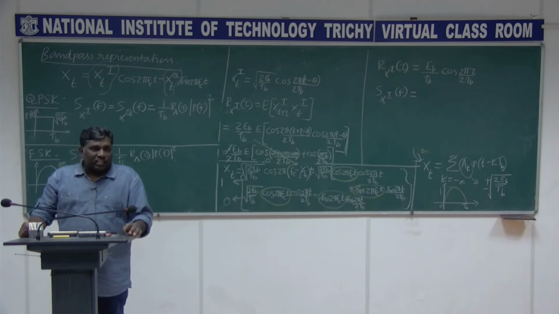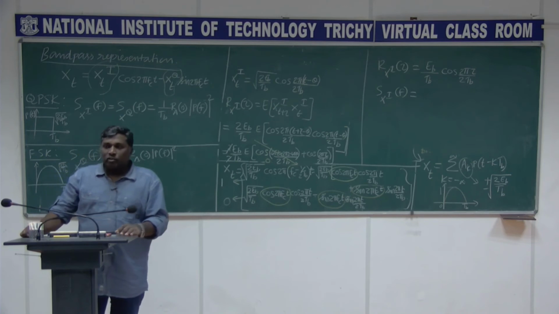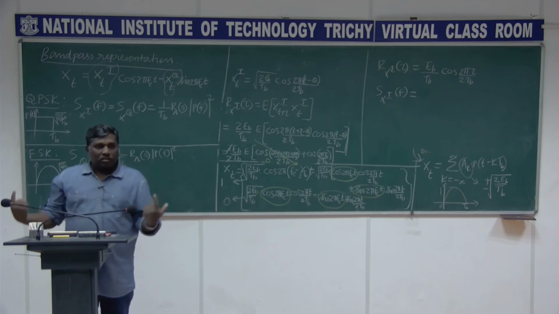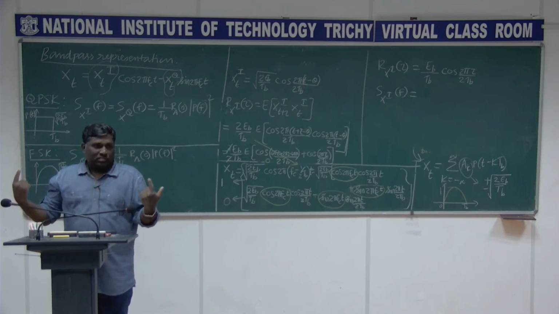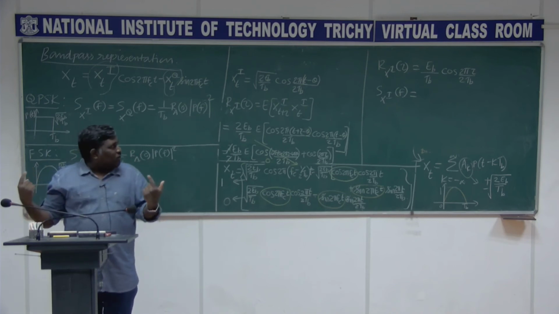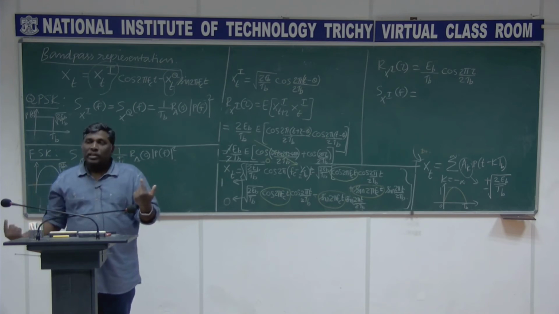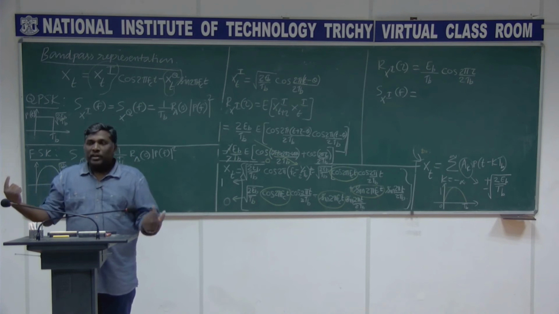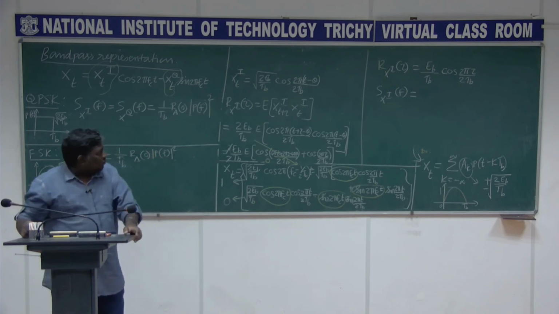Cos we can write as e power plus j 2 pi fc t plus e power minus j 2 pi ft by 2, right. So taking that Fourier transformation, you get 2 impulses, right: one at the frequency 1 by 2 Tb, the other one at minus 1 by 2 Tb, am I right?